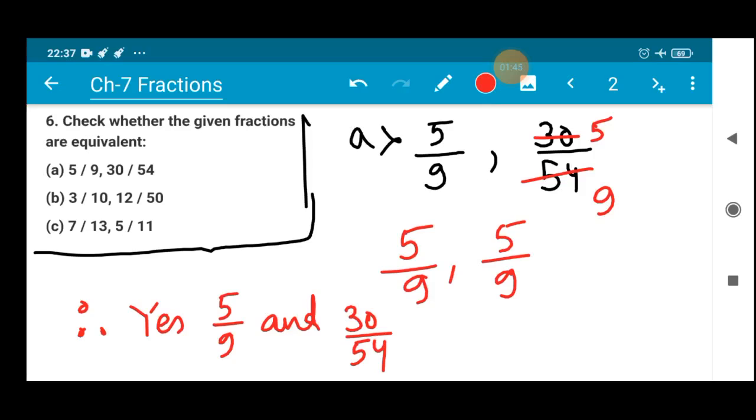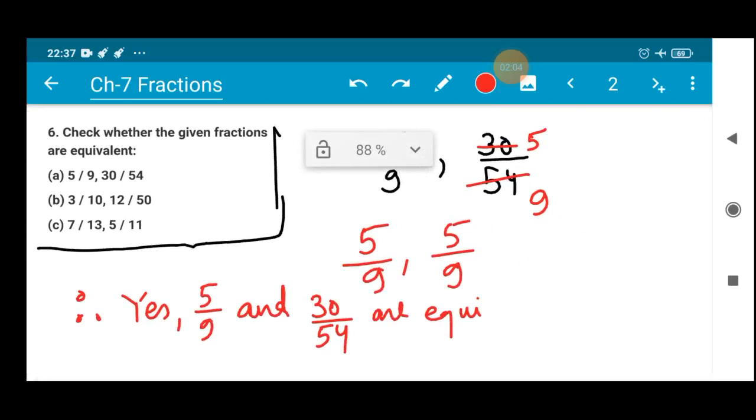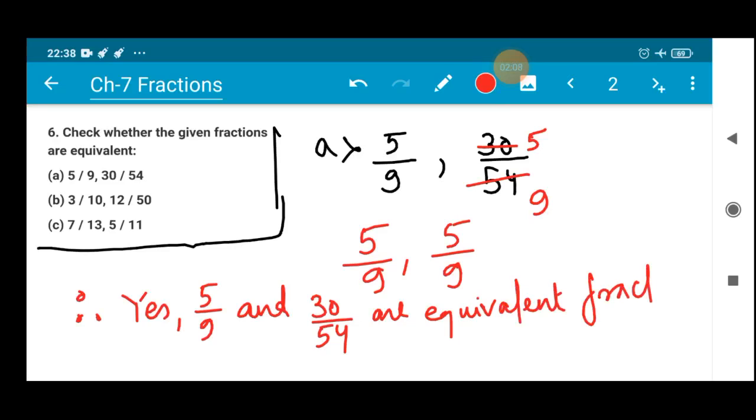Yes, 5 by 9 and 30 by 54 are equivalent fractions, as after reducing we got 5 by 9 only. To get the same fraction, I divided both numbers by 6. 6 5s are 30, 6 9s are 54. So yes, 5 by 9 and 30 by 54 are equivalent fractions, isn't it? Very easy sums.